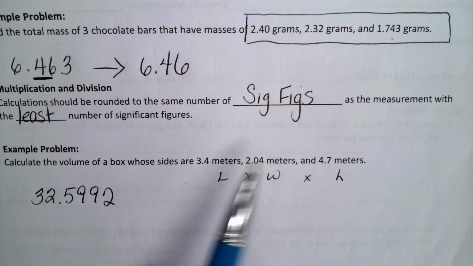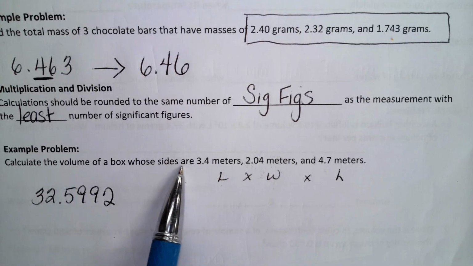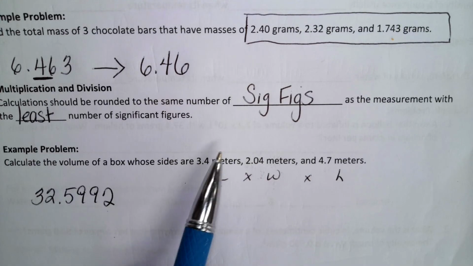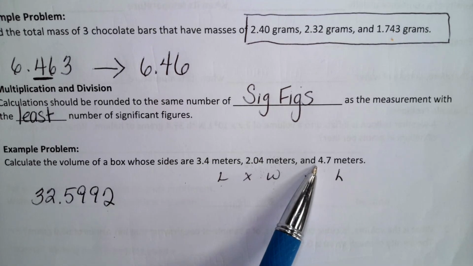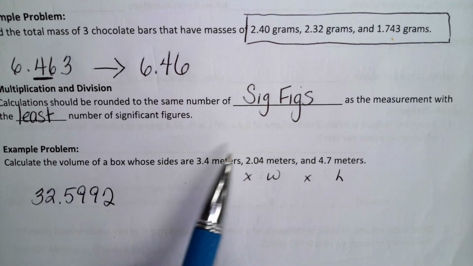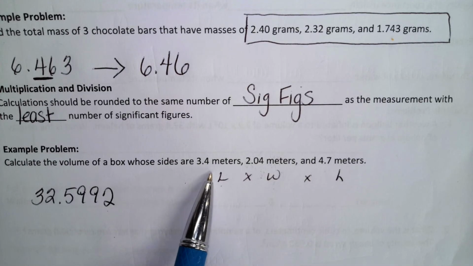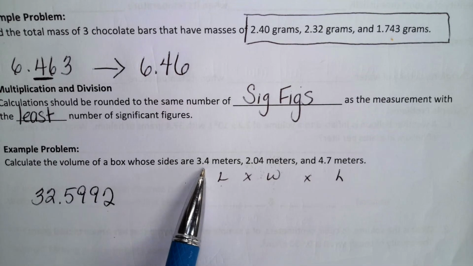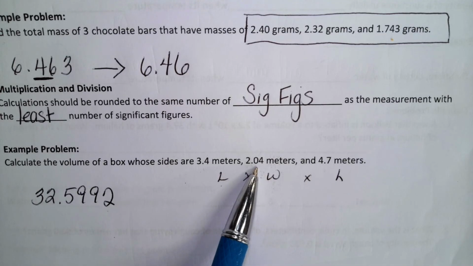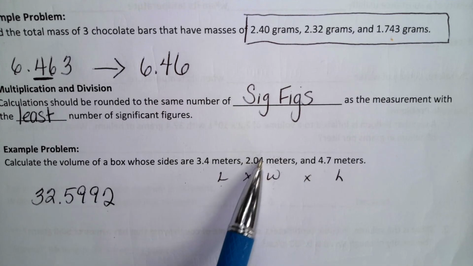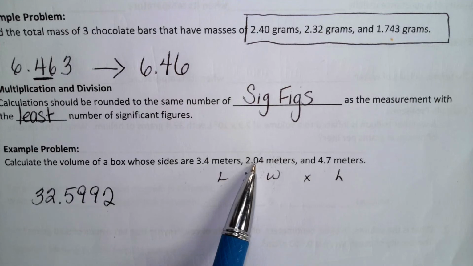Which number out of the three has the least sig figs? What's the least number of sig figs out of the three numbers? How many does 3.4 have? This one, the 2.04, has how many? 3, because that's a sandwich zero.